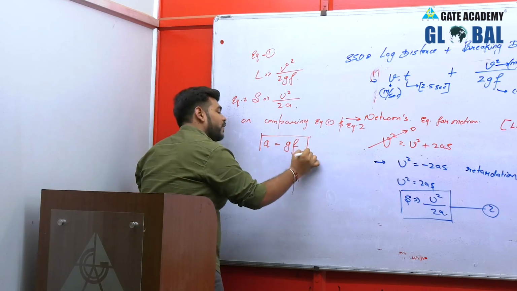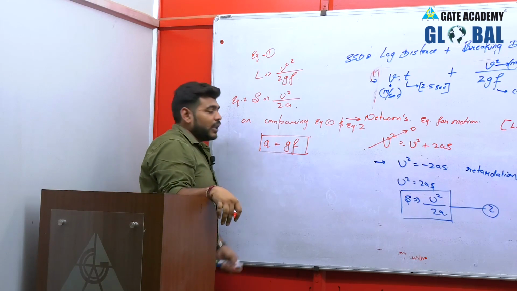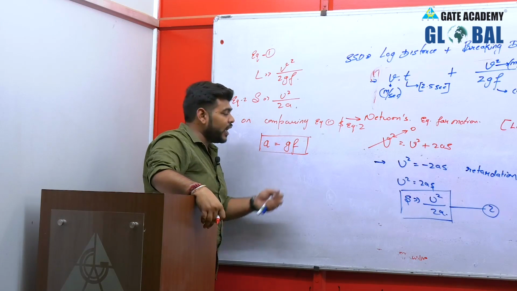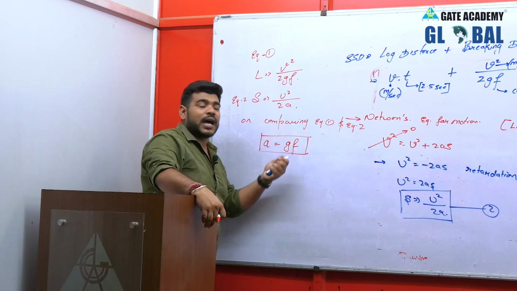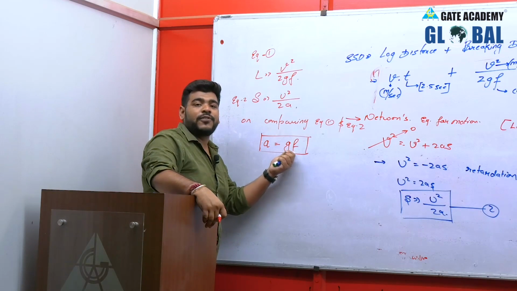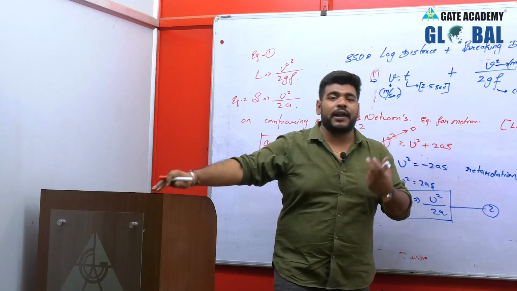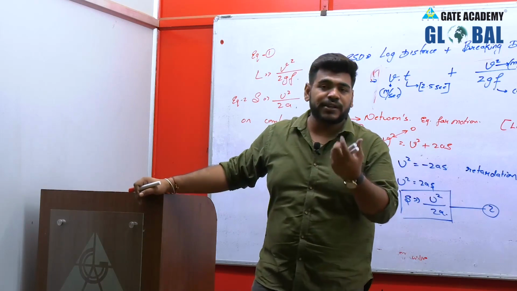The final value of a should be equal to gf. Here small g is the acceleration due to gravity and f is the value of longitudinal friction. What value of longitudinal friction should be considered?